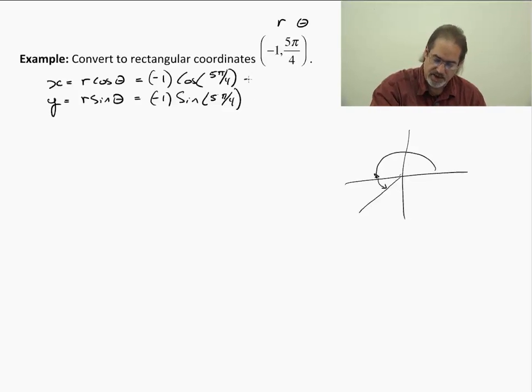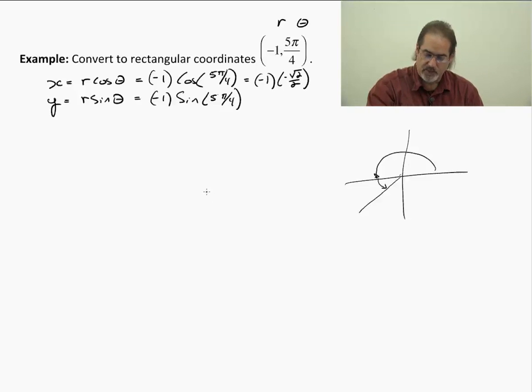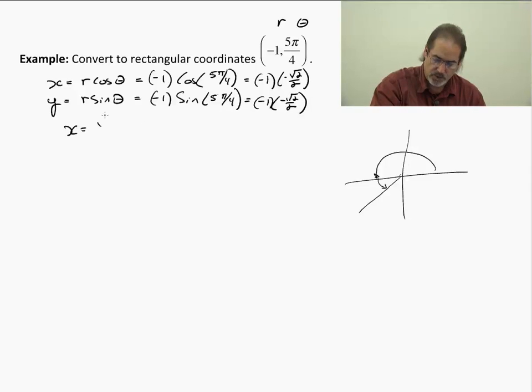So this is going to be a -1 times a -√2/2. And likewise for sine, sine is also negative in this quadrant. So I'm going to have a -1 again times a -√2/2. So x equals √2/2 and y equals √2/2.